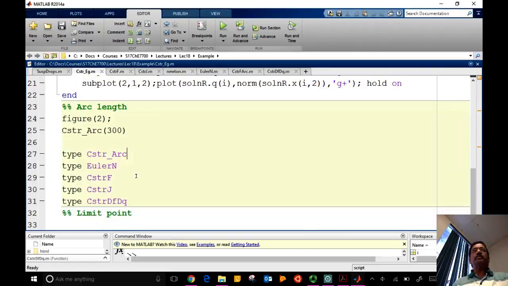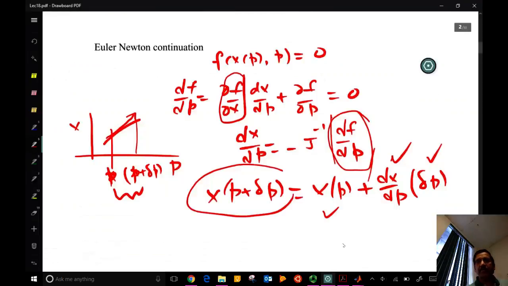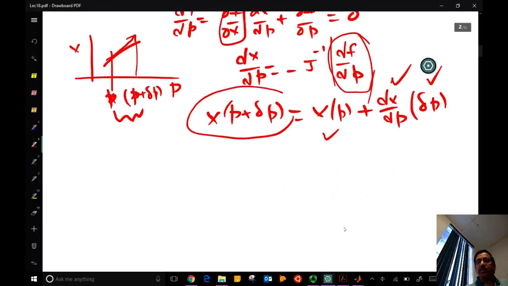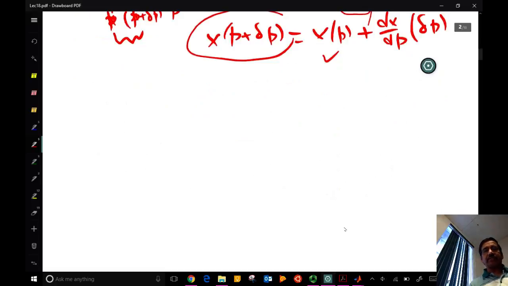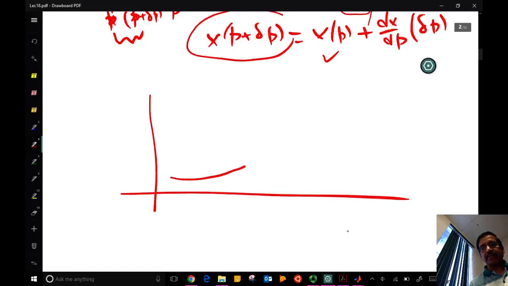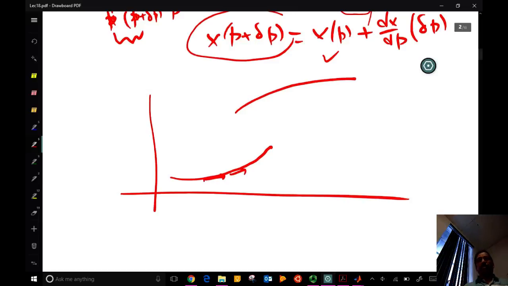That's the next piece. And in this piece, what are the concepts? What happens currently is the following. I have a solution like this and then a solution like that. If I take the tangent vector and project it, I normally get a very good prediction. But here the curve turns around.